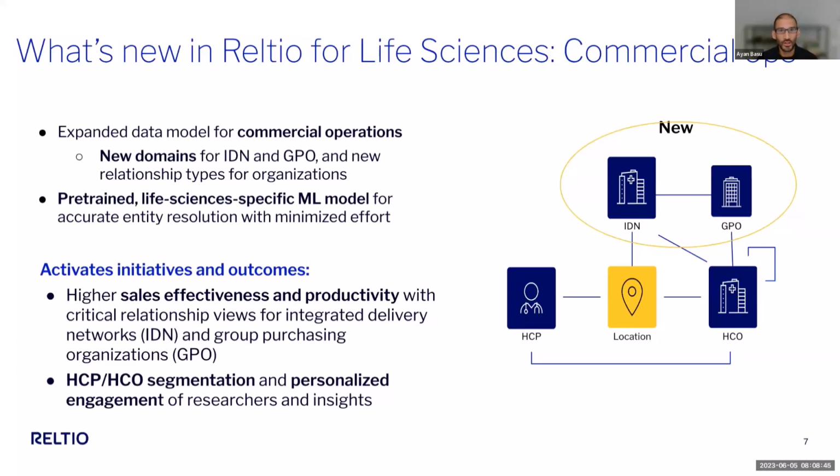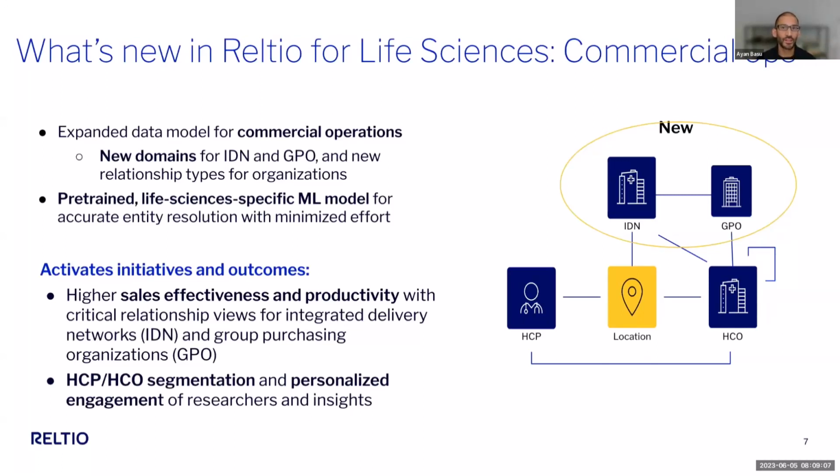So the integrated delivery network is really about the grouping of healthcare facilities. And then these group purchasing organizations can negotiate discounts on behalf of healthcare providers. So having those important new data domains will allow commercial operations to take place much more effectively.